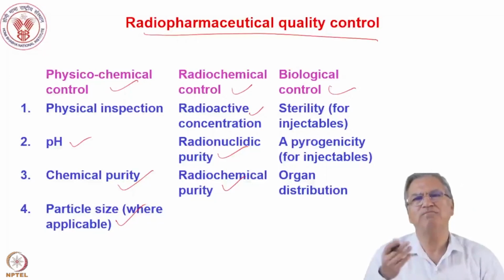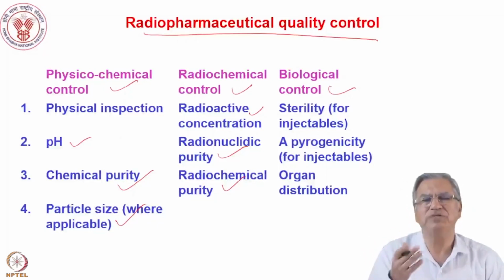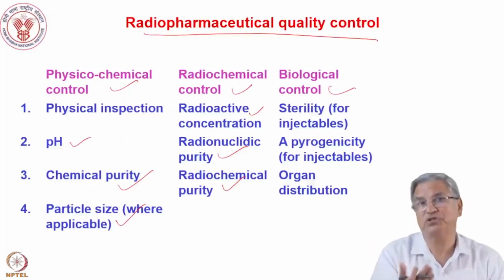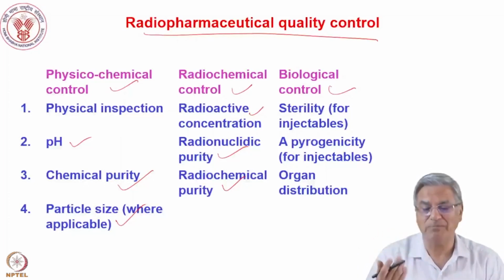For example, if you have fluorine-18 FDG, then it should be only FDG, there should not be any other derivative of FDG. So that kind of purity has to be established. There are measures to determine the radiochemical purity by thin layer chromatography or paper chromatography, radionuclide purity by gamma spectrometry, radioactive concentration by counting the sample.